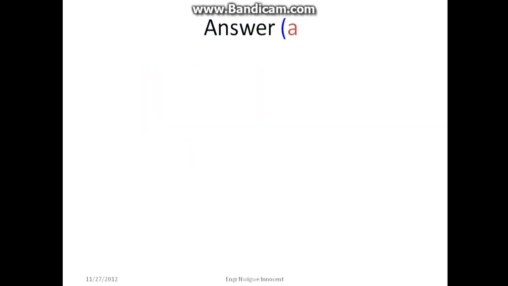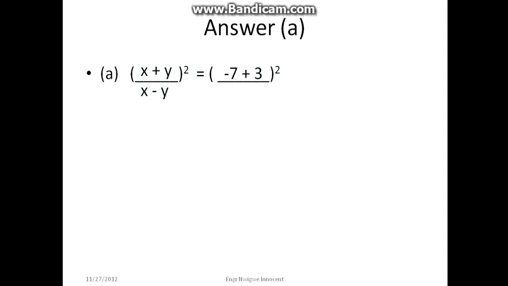Answer a. In bracket x plus y squared all over x minus y, we substitute for x. Our x is minus 7 plus our y is 3. We have minus 7 plus 3 all squared in bracket divided by our x is minus 7 minus our y is 3.